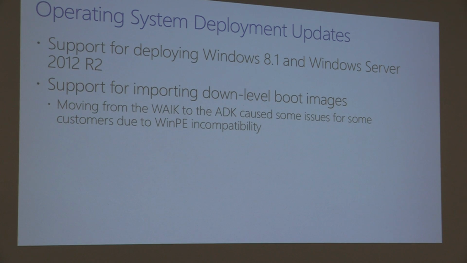Okay, OSD. We've done a number of things in operating system deployment as of our R2 release. The first thing, obviously, is the ability of deploying the new operating systems from Microsoft. So we let you deploy Windows 8.1 and Windows Server 2012 R2. The primary reason we came out with R2 when we did was to support the two new operating systems from Microsoft and the ability of deploying those.